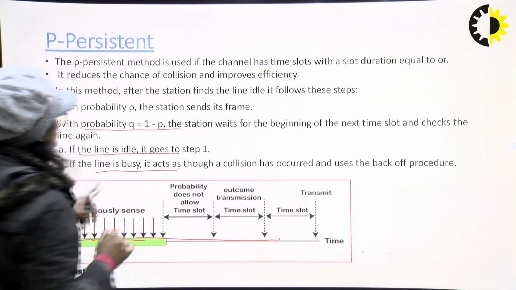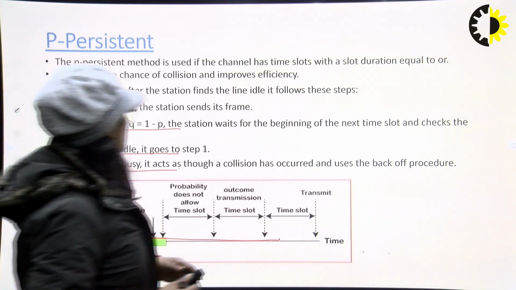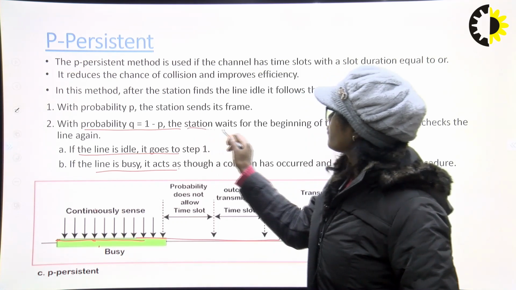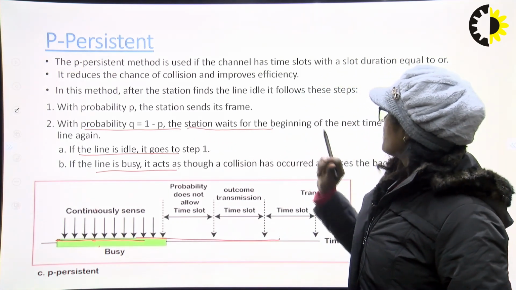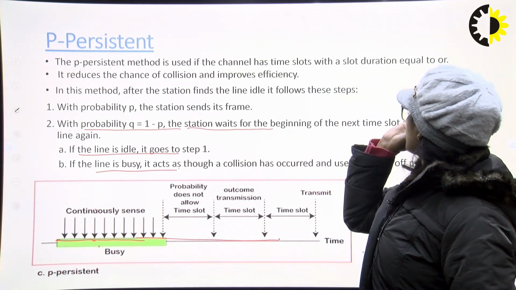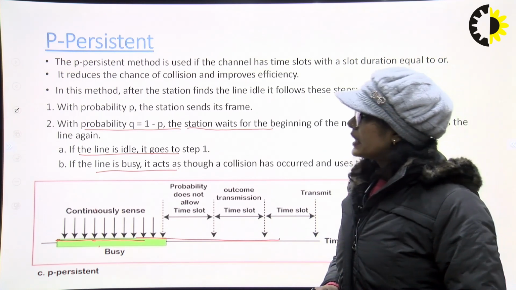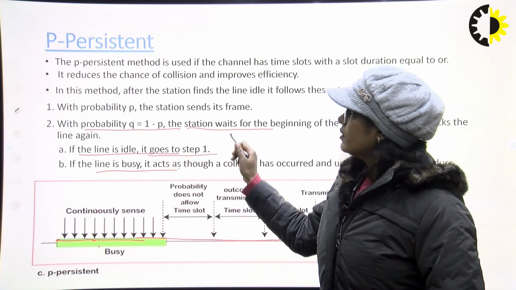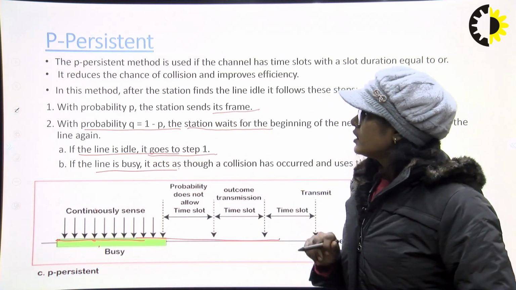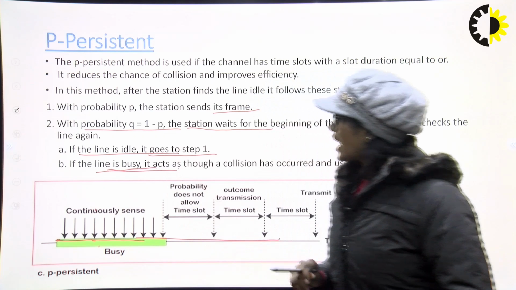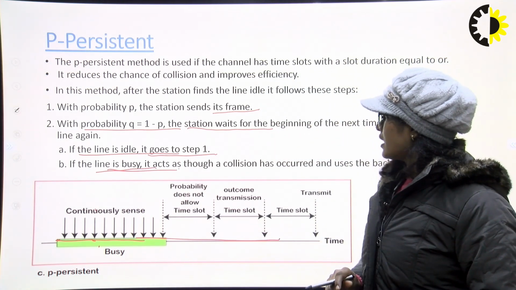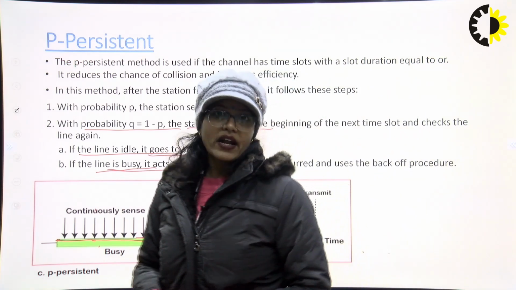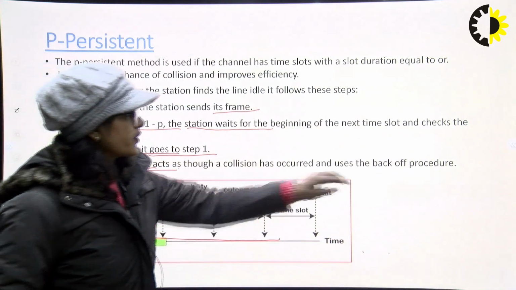With probability q, which is 1 minus p, the station waits for the beginning of the next time slot and checks the line again. If the line is idle, it goes to the first step. If the line is busy, it acts as though a collision has occurred and uses the back-off procedure.